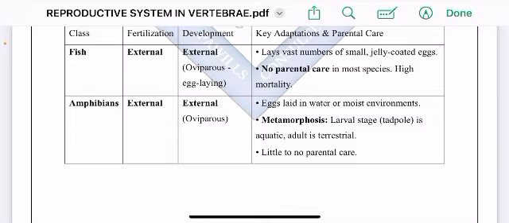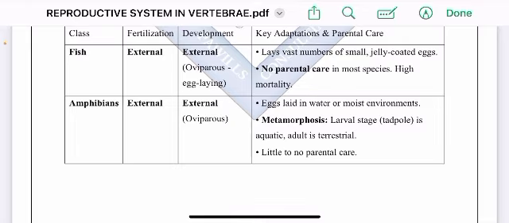The same process of egg being fertilized by the sperm cells externally, they get fertilized, they move to the next stage. And of course, when fertilization occurs, there's what they call the larva stage, which is the tadpole.